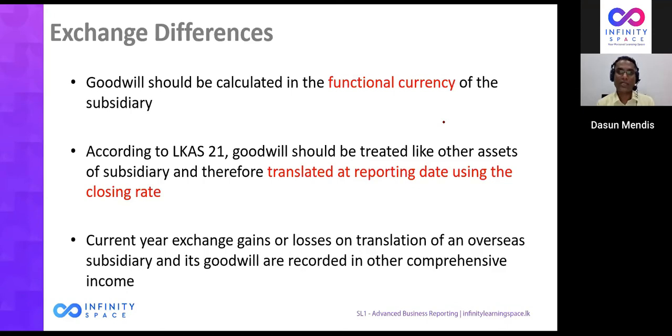That has to be converted using the closing rate at each year end. So if you have gains and losses out of this conversion each year, those gains and losses are also part of the exchange difference. That is also recognized in other comprehensive income and accumulated in an equity reserve called translation reserve. Okay, so I just gave an introduction about how exchange differences arise in the case of a consolidation of a foreign subsidiary.